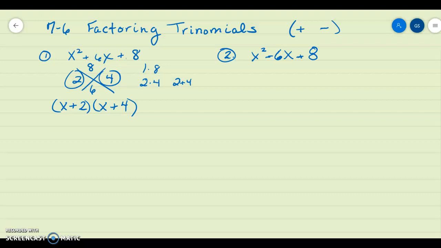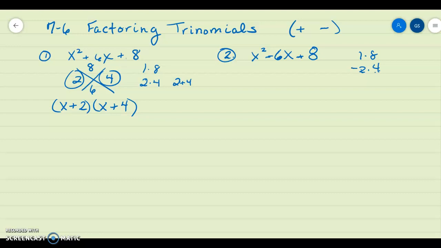So the factors of 8 are the same. 1 times 8, 2 times 4. But look at this. In this case, the 2 and the 4, when you multiply, give positive 8, but when you add them, you don't get negative 6, you get positive 6. So the thought is, what can we do to these two numbers?